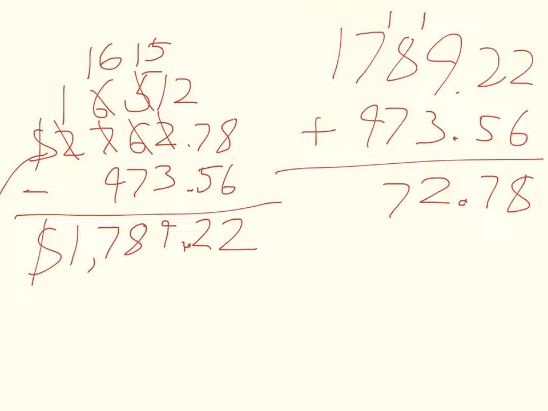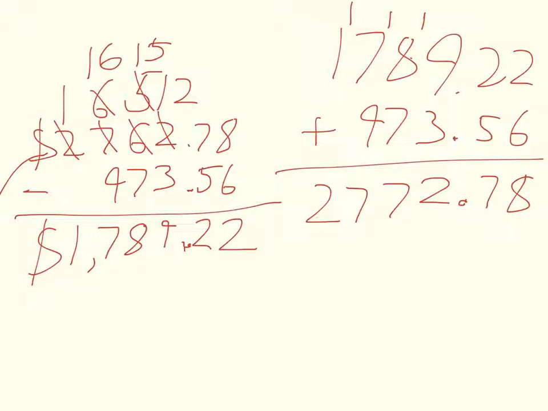I noticed I made a mistake because this doesn't match. Should be a 6 here. So come back and check this column. 9 plus 3 is 12, 1 plus 8 is 9, 9 plus 7, oh, that's right.